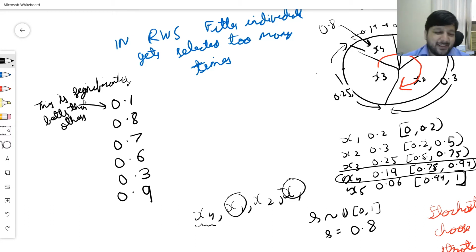Now you convert them into the probability of selection, and this time let me give you. So first I need to invert this so that low value is better. So the maximum is 0.9. So I say larger than 0.9, minus the fitness of the individual.